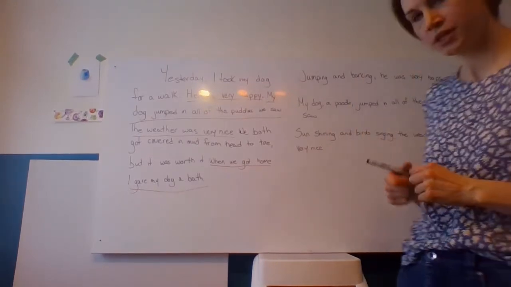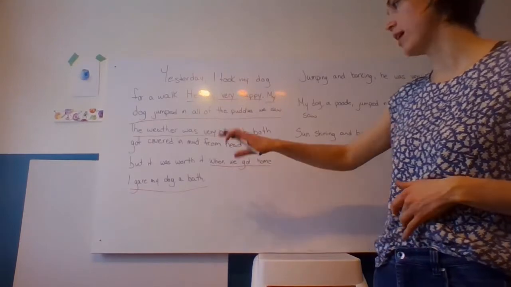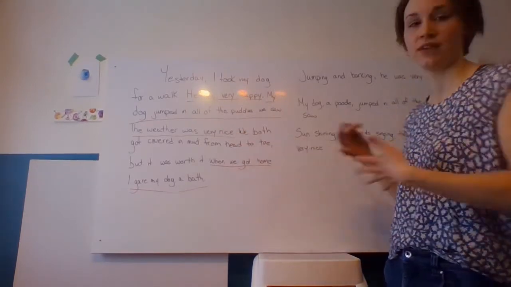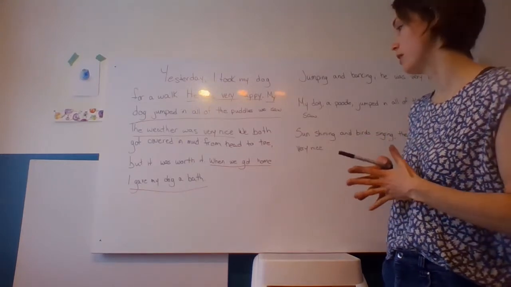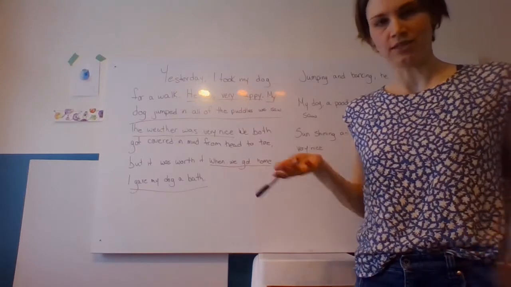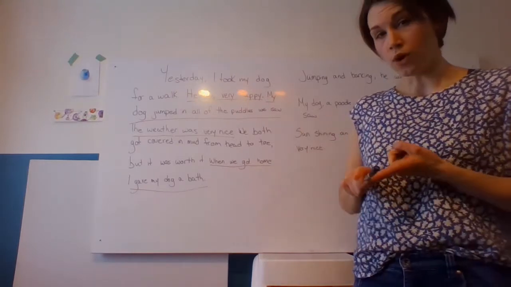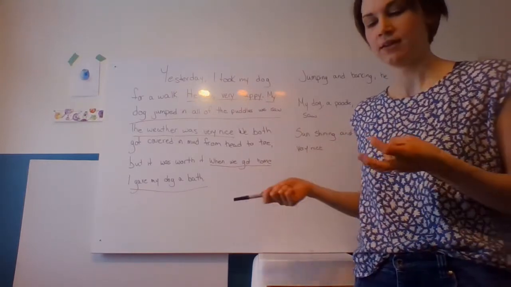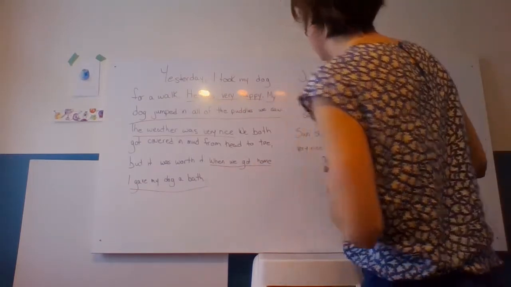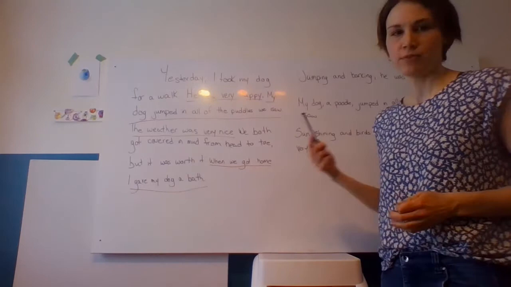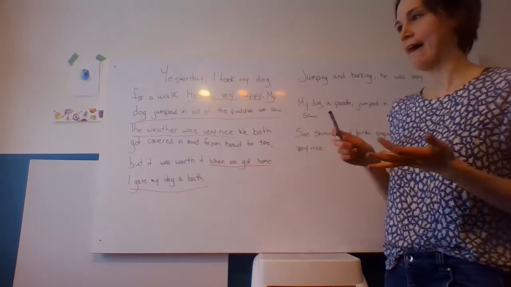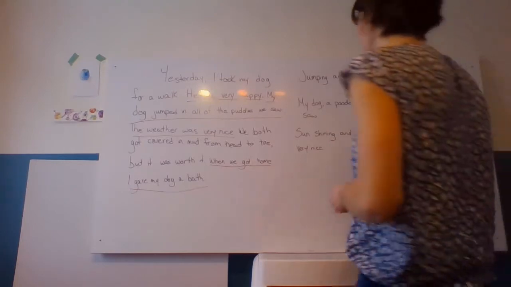Okay, our last strategy here is to rearrange the adjectives in a sentence. The sentence we're working on is, when we got home, I gave my dog a bath. This doesn't have any adjectives in it yet, so we don't have anything that's being described. How about we describe our bath? What are some adjectives that describe a bath? Warm, soapy, wet, bubbly, right? Those are some adjectives. So I could say, when we got home, I gave my dog a soapy, warm, bubbly bath, okay?